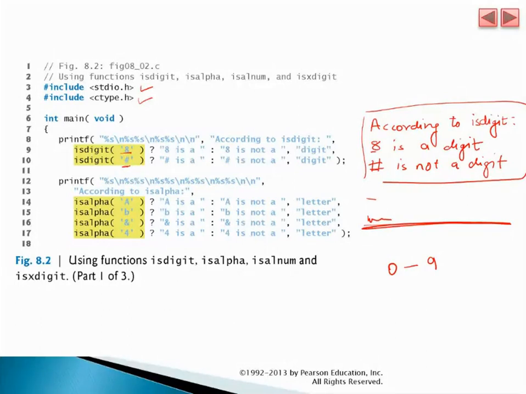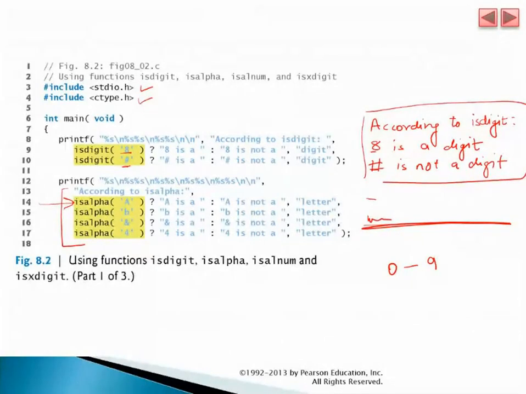Similarly, the isalpha function will work if the characters are alphabets. Can you tell me what will get printed by this printf statement according to isalpha? "A is a letter."